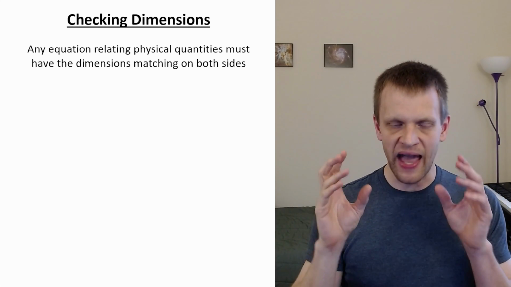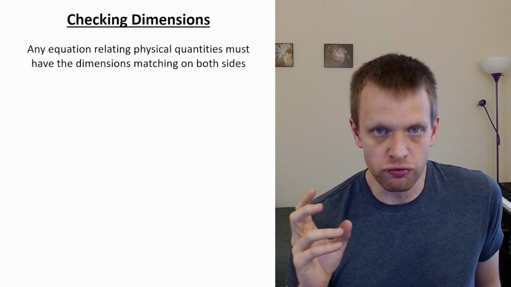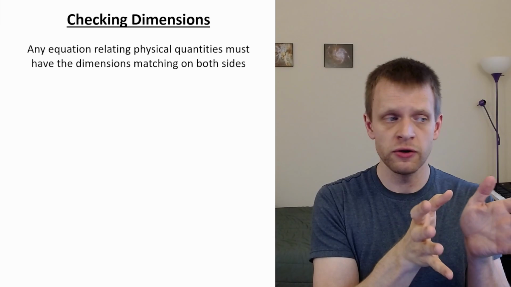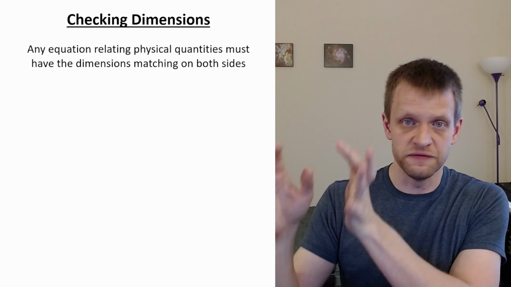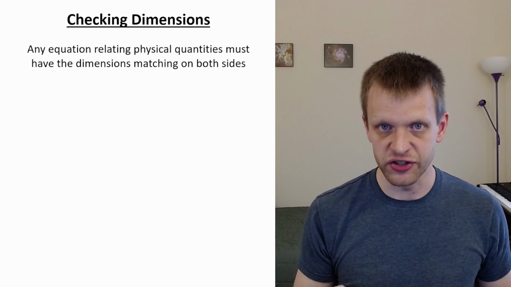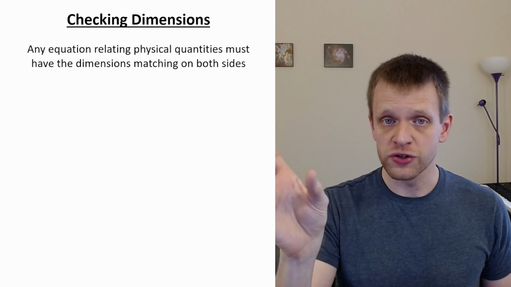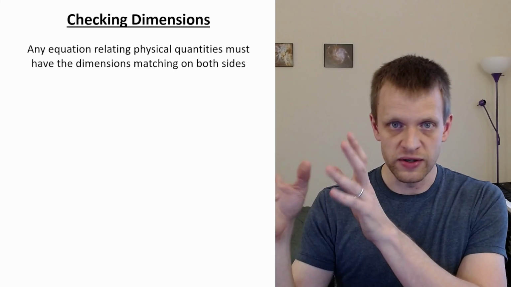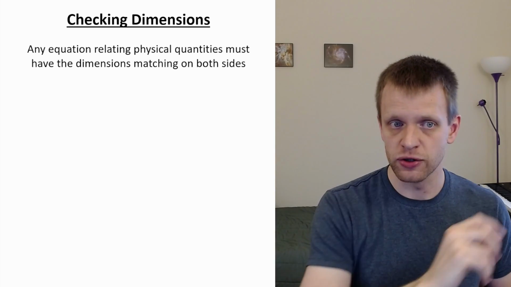Because if I have any equation that's relating physical quantities, so I have some combination of physical quantities over here, and I've got another combination of different physical quantities over here, and I'm saying I can equate those with each other. Say, force equals mass times acceleration, or a certain kind of energy has these particular values.